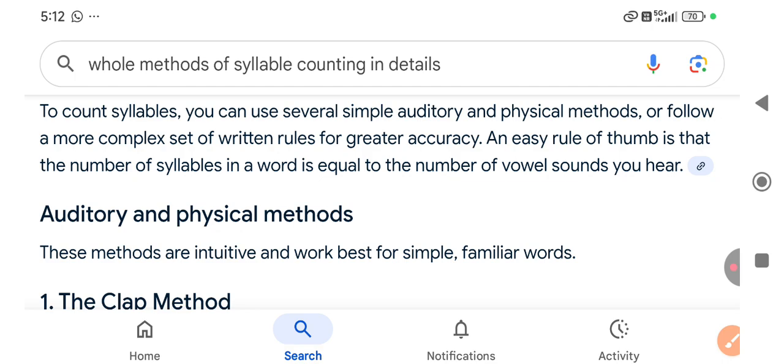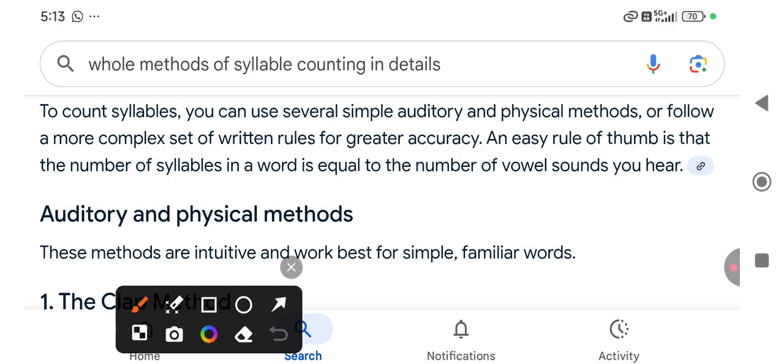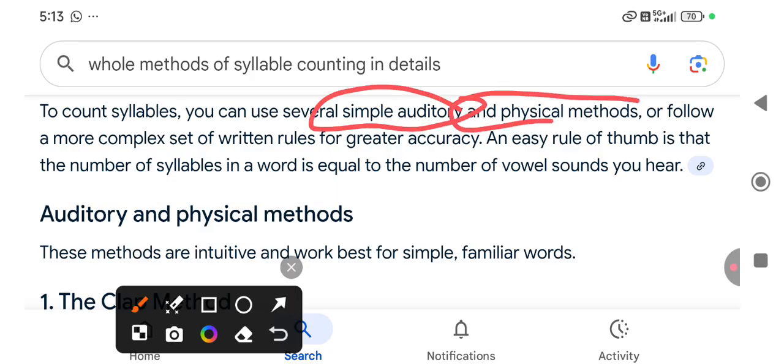To count syllables, you can use several simple auditory and physical methods, or follow a more complex set of written rules for greater accuracy. So broadly, we can say that there are three methods: the simple auditory method, the physical method, and the method where you have to follow a set of written rules, that is, the writing method.